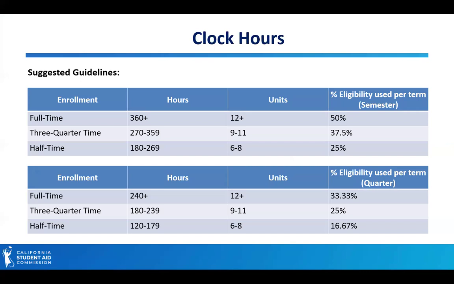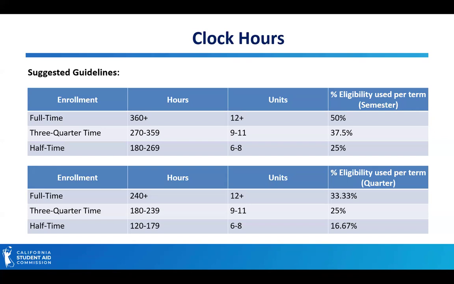But if you're a school that does clock hours, you have to do a conversion. So as you can see, full time means they have to do 360 plus to be considered full time. 270 to 359 is 3/4 time, and 180 to 269 is half time.